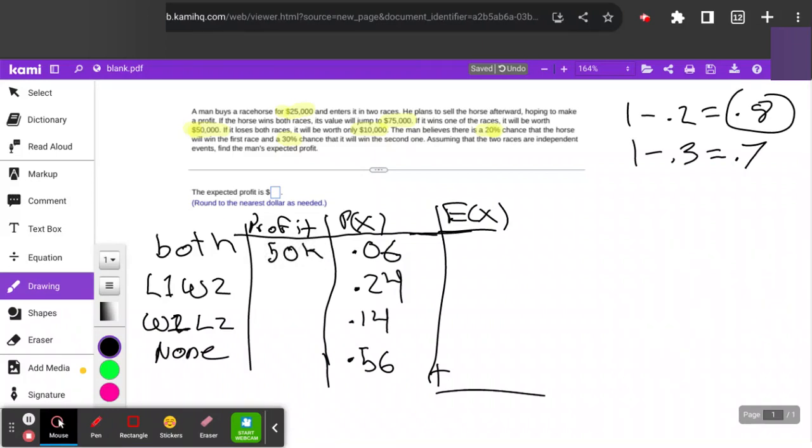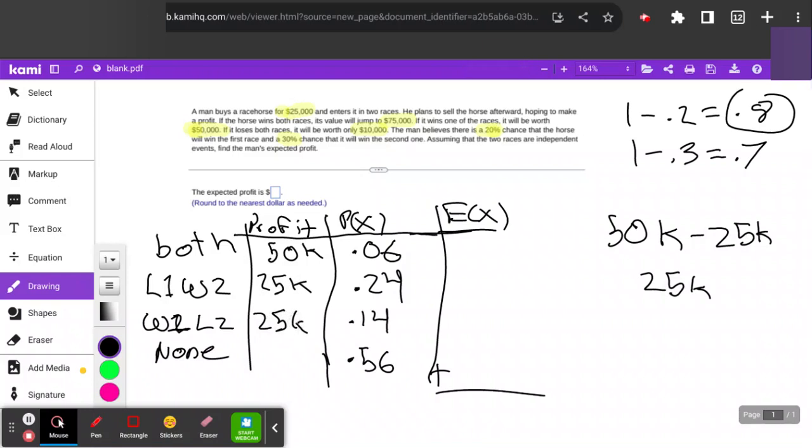Then the profit of winning only one of them, which makes it worth $50,000, is just 50,000 minus 25,000, which equals just 25K. So you can put that for both L1 W2 and W1 L2. 25K, 25K. Now, the next part is if it loses both races, it'll be only 10,000.